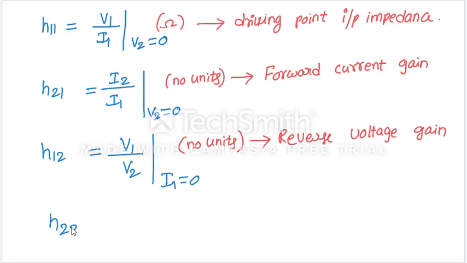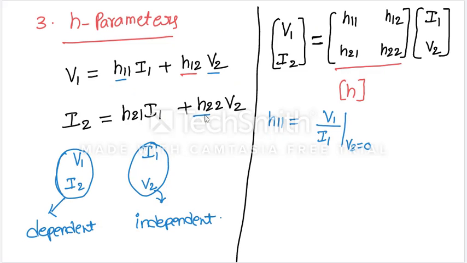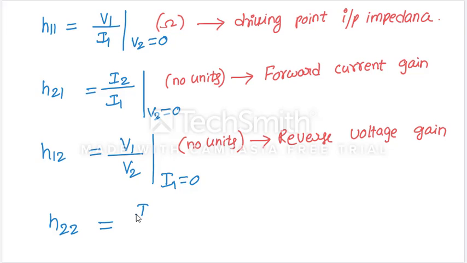Then H22 is I2 by V2 when I1 equal to 0. What are the units here? Mho.